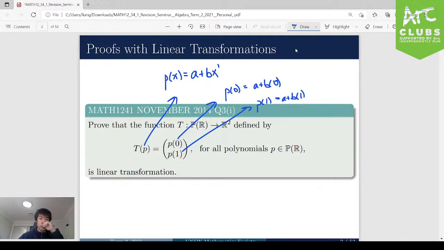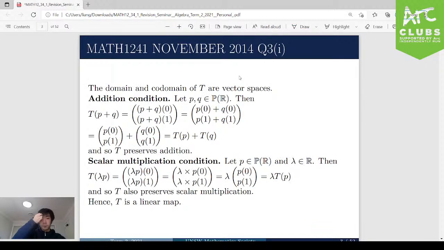In order to prove that it's a linear transformation, we need to show two things: that it preserves addition and that it preserves scalar multiplication. Our first step is to show that it preserves addition. So let p and q be two different polynomials from the set of first degree polynomials.